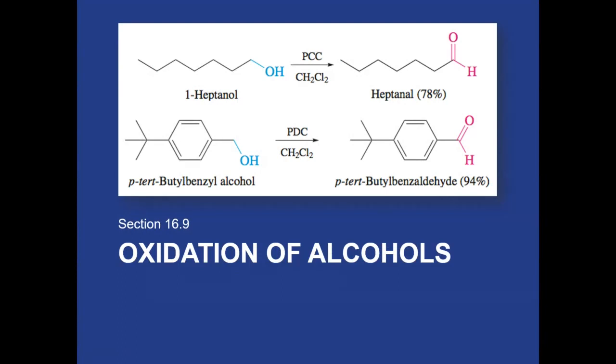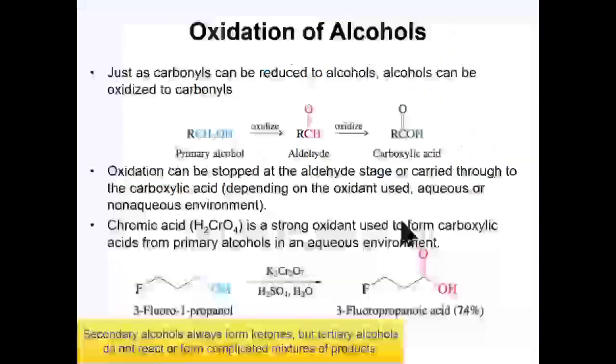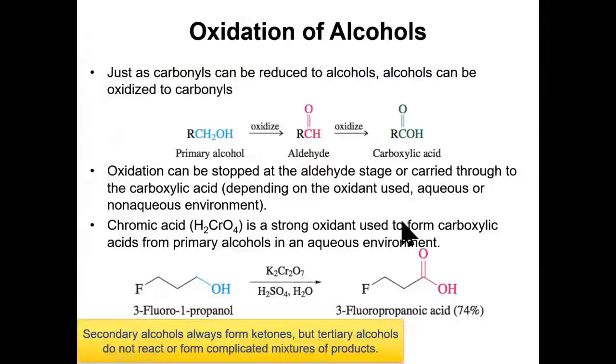And in the early part of this chapter, we have seen that carbonyl can be reduced into alcohols, either by catalytic hydrogenation or metal hydride reduction.